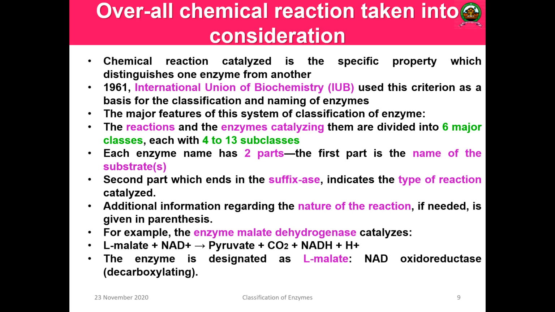This was done in 1961 by the International Union of Biochemistry, known as IUB. They used this criterion as the basis for the classification and nomenclature of enzymes. This is known as the IUB classification.